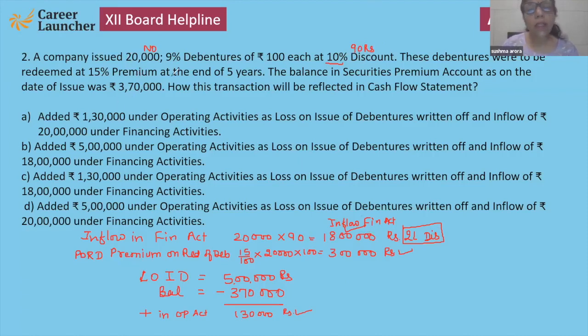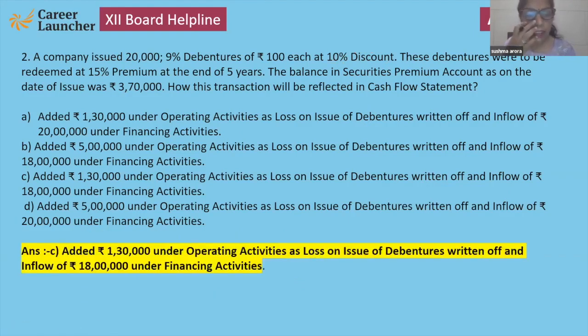When they redeemed, they will have 5 lakh rupees loss, of which 3 lakh is owed as premium. So the total loss of the company is 5 lakh, but already they have a balance of 3 lakh 70, so they will adjust 1 lakh 30. I am sure you are all clear about this topic. So your answer will be C.